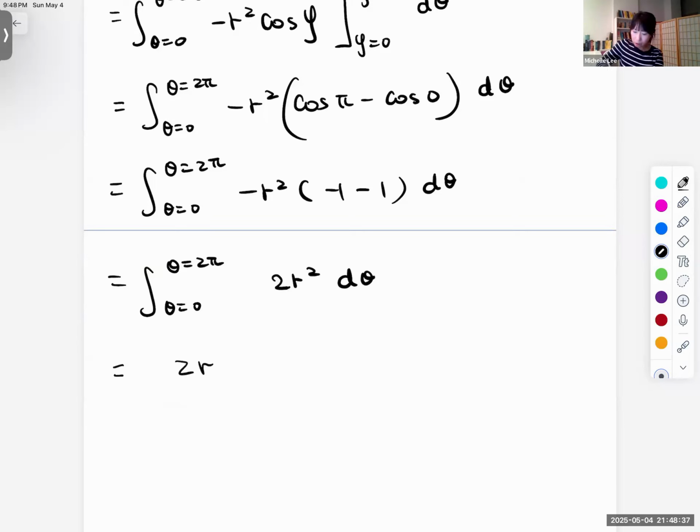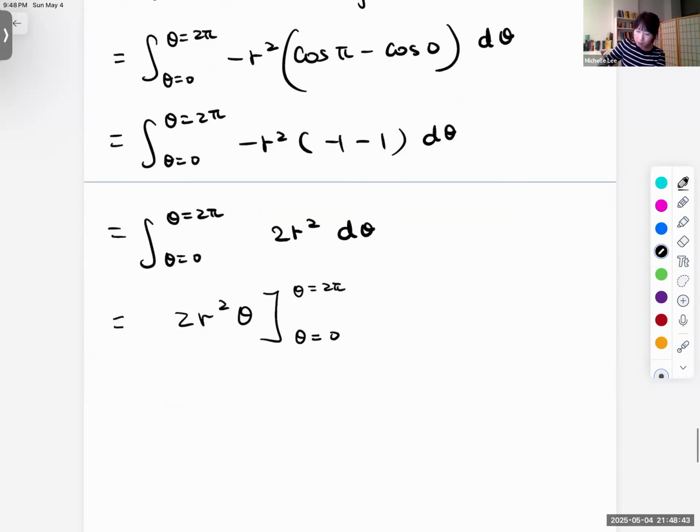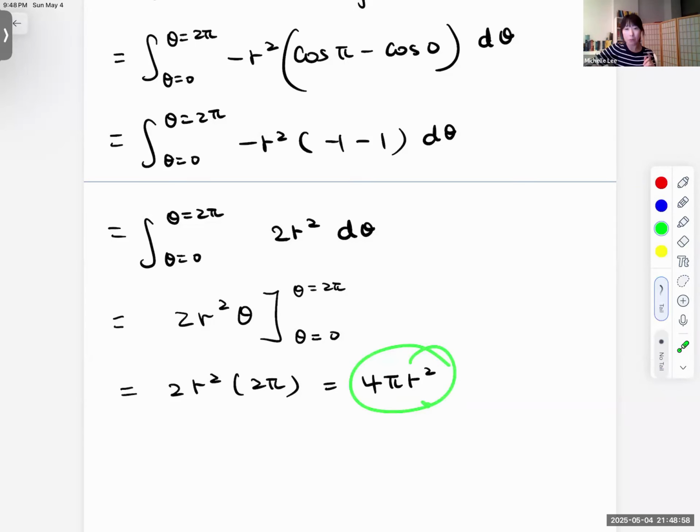So 2r squared theta, theta from 0 to 2 pi, which gives 4 pi r squared. They wanted to find the surface area. This is just the formula for the surface area of a sphere. Very good.